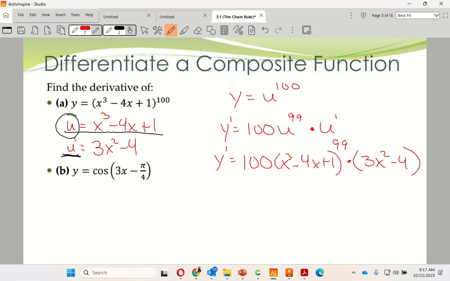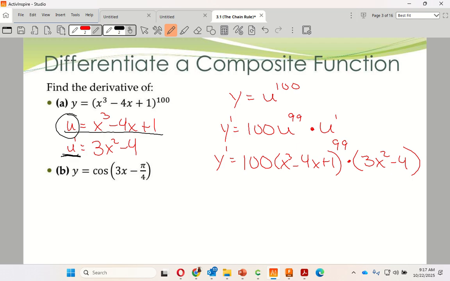When I looked at the problem in the first place, I took all that to the 100th power. I could expand it 100 times. I don't want to do that. That's going to be very tedious and take forever. So to simplify that, I just called it all u. And then I could do this right here, right? After I took away the complicated part, and I just called it u, I could do that easily, right?